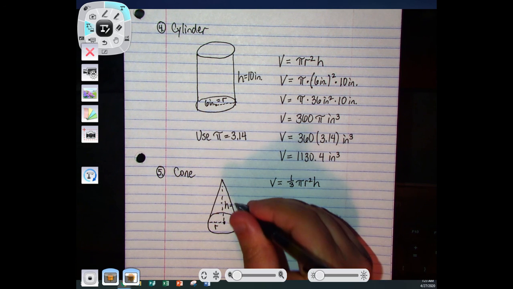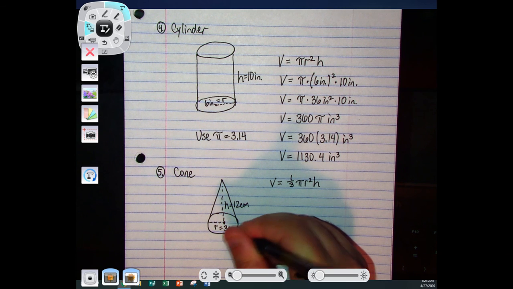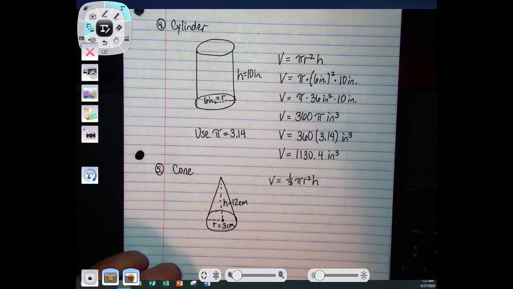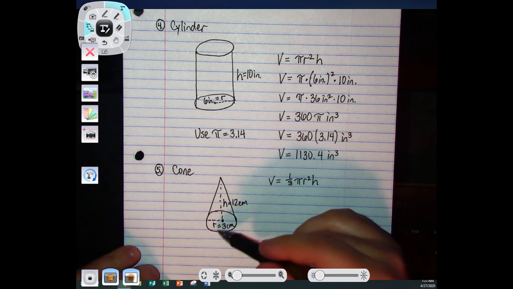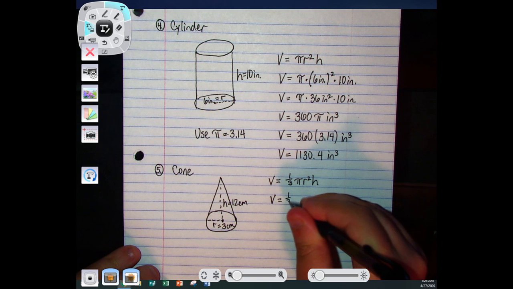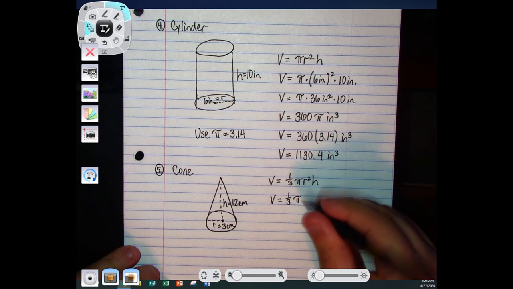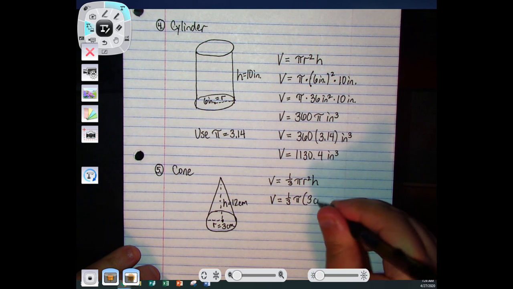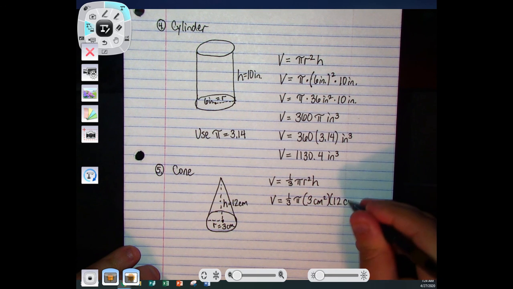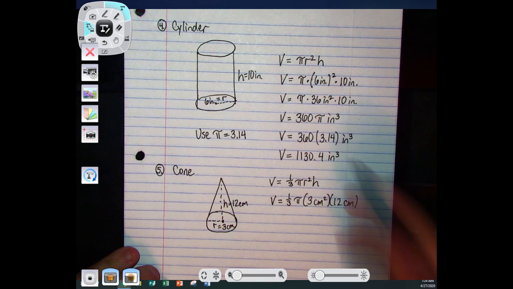For example, if I tell you that the height is 12 centimeters and the radius is 3 centimeters, and it says find the volume of the cone. Wonderful. We know the height and the radius, so it's 1/3 times pi times 3 centimeters squared times 12 centimeters.